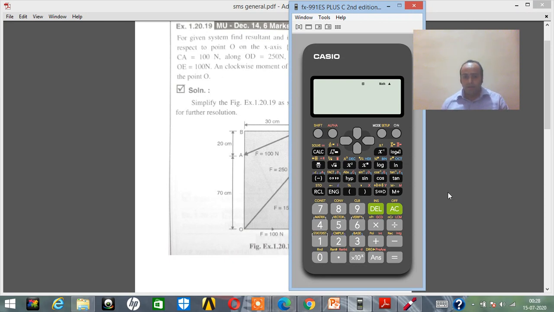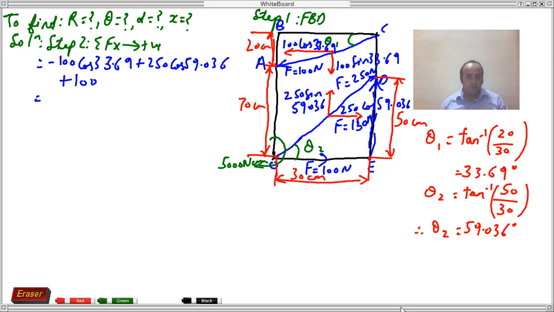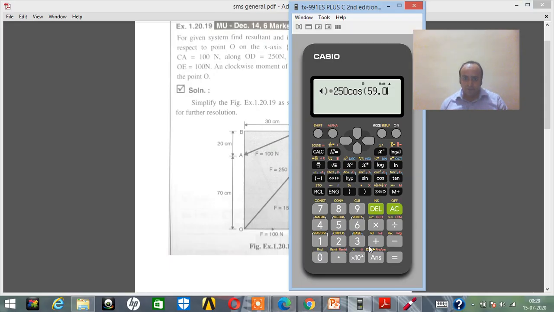So the equation is going to be minus 100 cos of 33.69 plus 250 cos of 59.036 plus 100 is equal to 145.419.